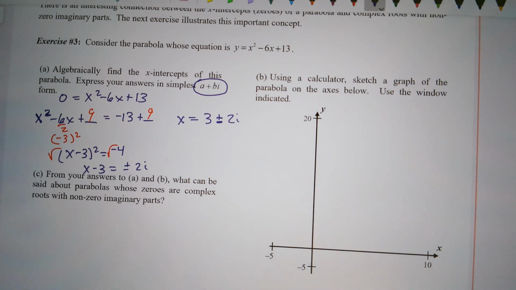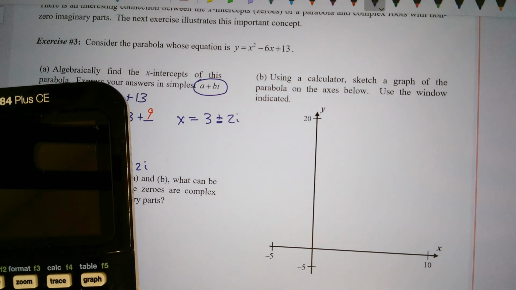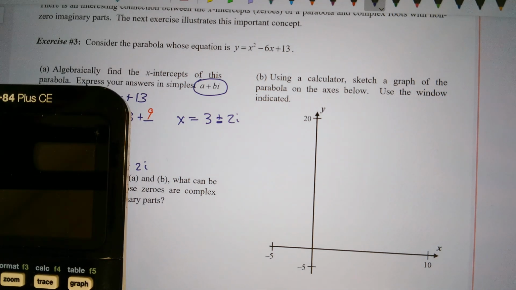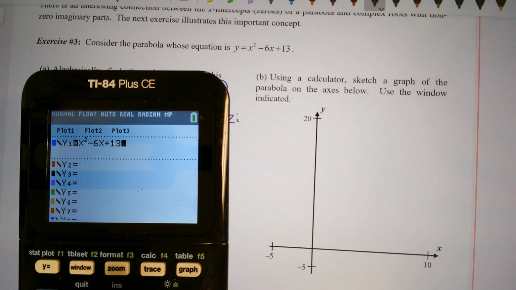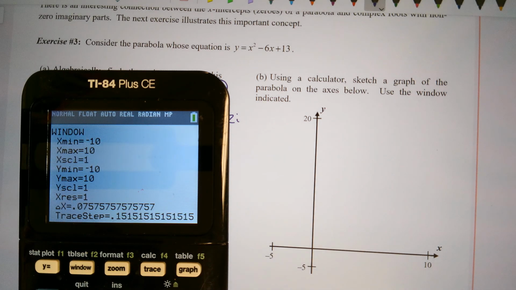Using a calculator, sketch a graph of the parabola on the axis below. Use the window indicated. All right, so we key in x squared minus 6x plus 13 into y equals. There it is. And let's adjust the window. x's are going from negative 5 to 10, and y's from negative 5 to 20.